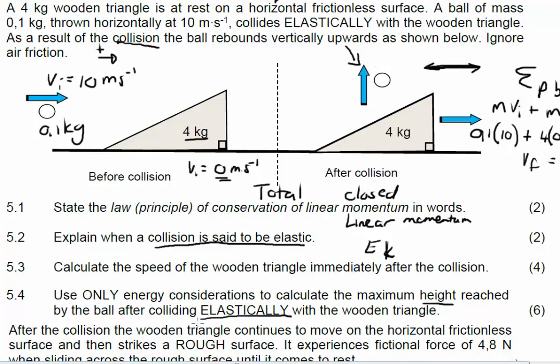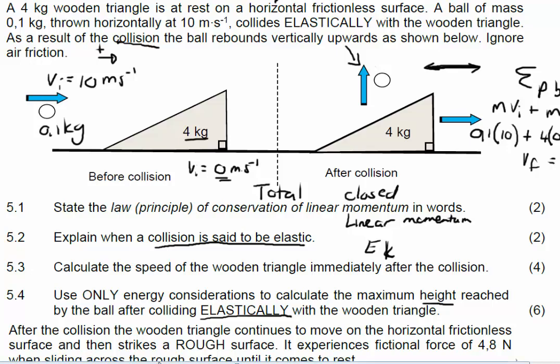So when we can only use energy considerations, here I'm going to look at kinetic energy, and I'm also going to look at the conservation of mechanical energy. We're going to use energy considerations here to calculate the maximum height. And remember that this is now by the ball after colliding elastically with the wooden triangle.